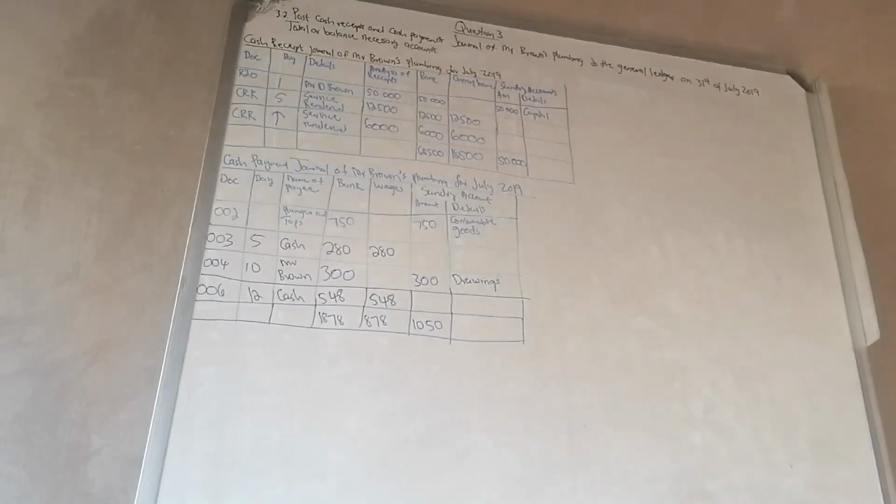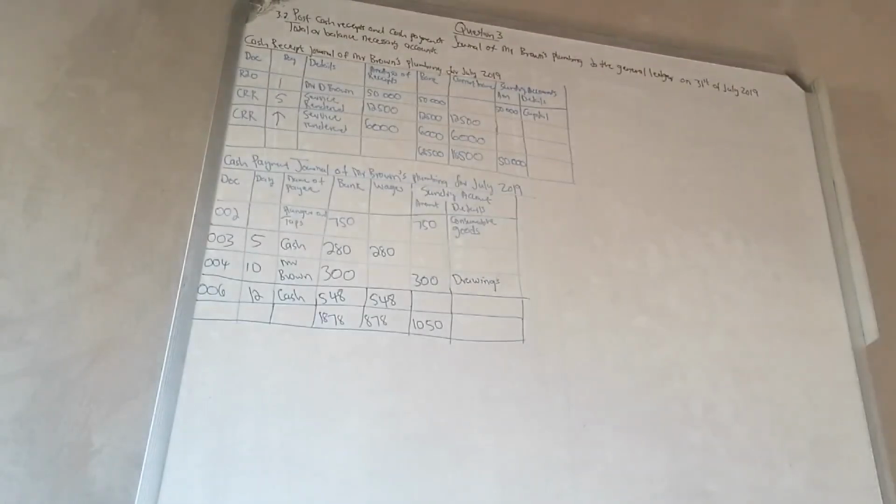Before we look at our duty, let's have some quick reading, so that I remind you of some of the things that we might have said previously in our accounting. We will look at the difference between a cash receipt journal and a cash payment journal. Just a recap.